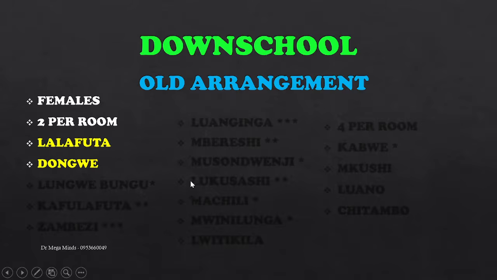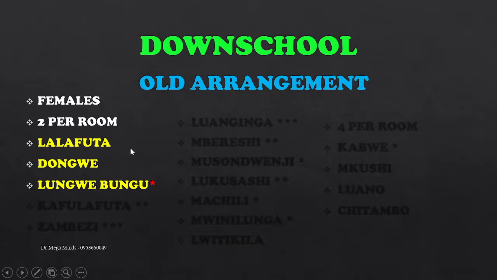For all of the hostels I'm going to list, that is 2 people in a room. The ones for 4 people I'll also indicate. We have Lalafuta, Dongwe. These are good hostels. They are found in the center of down school, and they are near the down school Wi-Fi. Girls, you can be on the lookout for these.